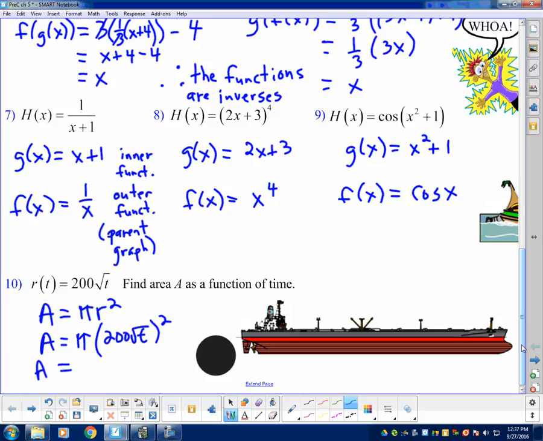And I'm replacing r with 200 root t, so my new equation is pi times 200 root t squared. 2 times 2 is 4 with 4 zeros, so 40,000 pi t. And that's it.